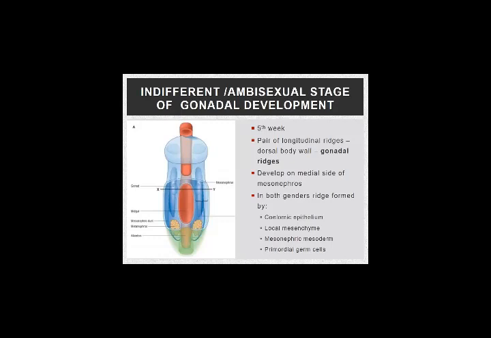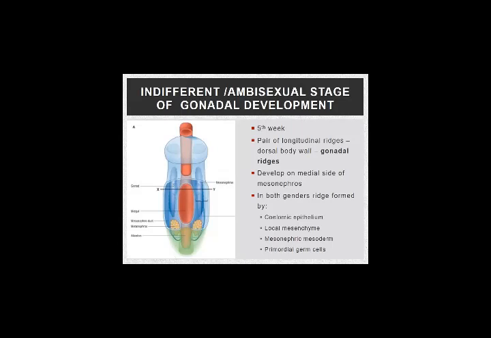And then there is also mesenchyme that comes from the mesonephros, so mesonephric mesoderm will also contribute. And also very important, the primordial germ cells. So you have 4 structures that contribute to the formation of the gonads of the genital system.